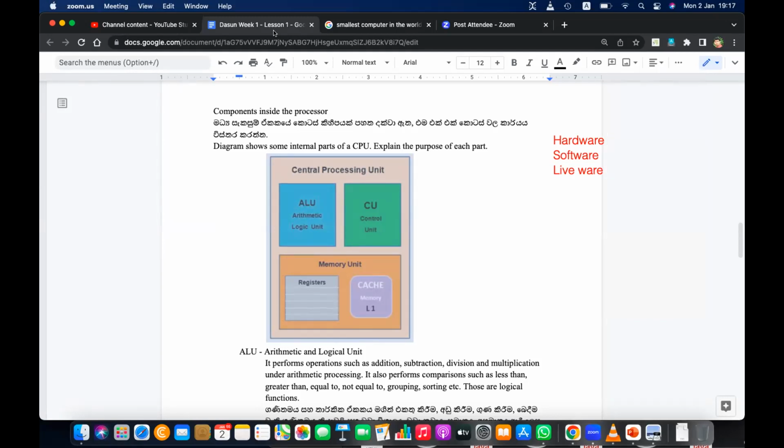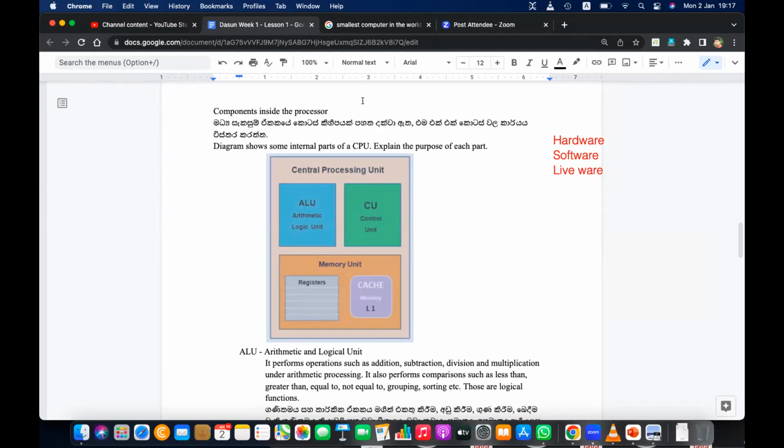It is basically a set of instructions to the computer which cannot be touched. It is inside the computer, but you can't touch that. It is there as a set of instructions.